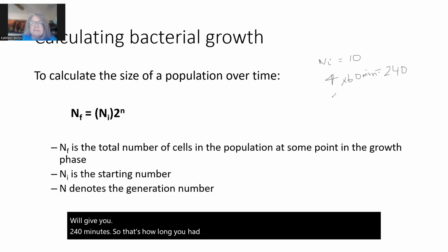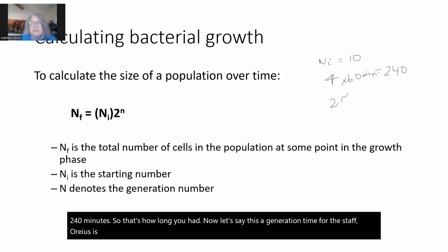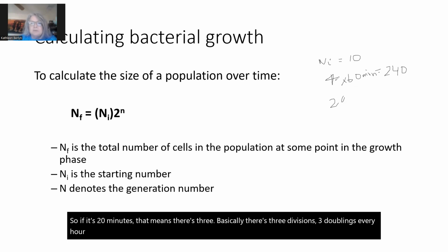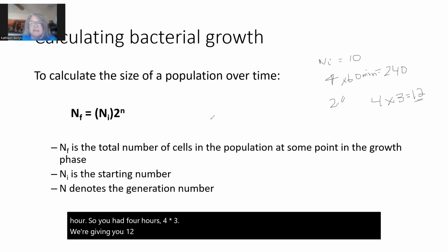Now, let's say the generation time for Staph aureus is 20 minutes. So if it's 20 minutes, that means basically there's three divisions, three doublings every hour. So you had 4 hours, 4 times 3 would give you 12 generations. So that's what your n is here.